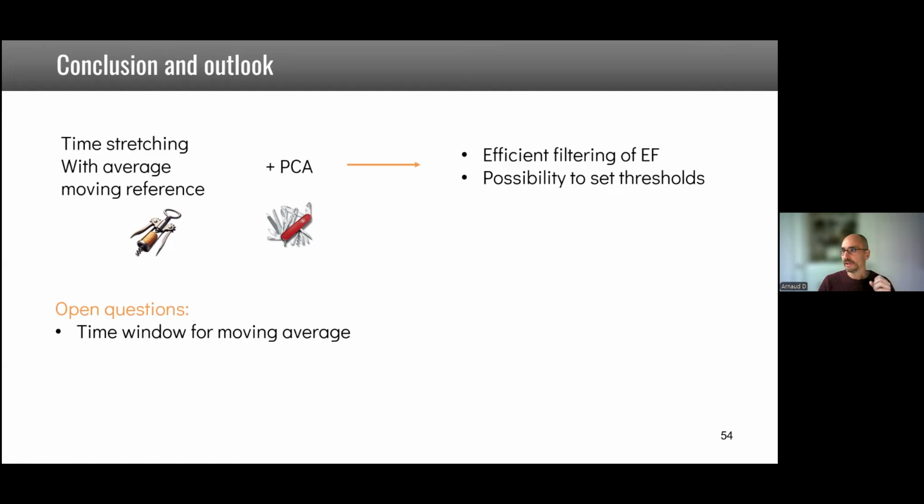Like I said, this moving average, we used 48 hours. It was more like, let's try and see what it gives. But part of Jitendra's work is to look at whether it is 48 hours or should it be based, for example, I think, on the change of daily temperature, which can be different in winter and summer. So maybe we can adapt and tune that a little bit better.